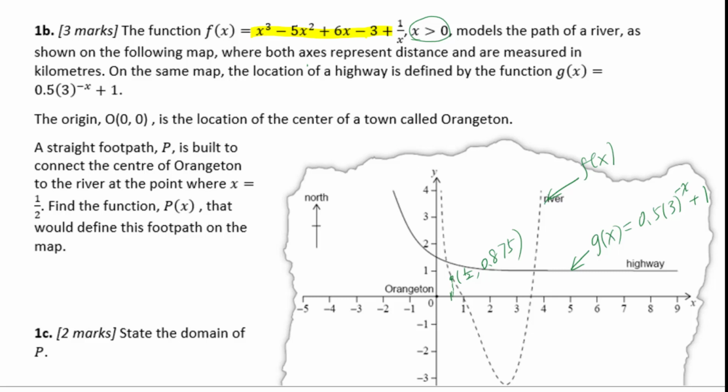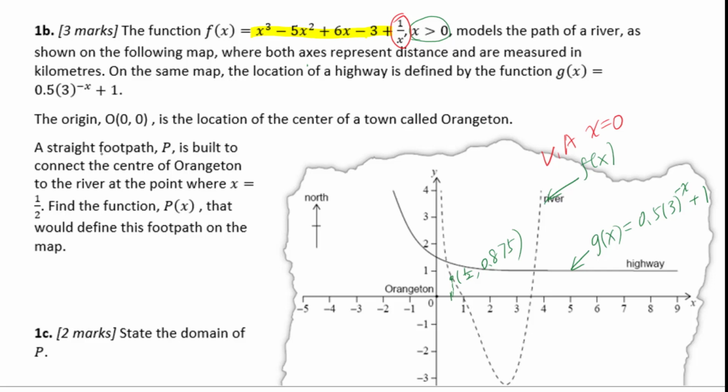And also, since we have a rational function for f of x, we have a vertical asymptote line, x equals 0. The origin 0, 0 is the location of the center of a town called Orrington.